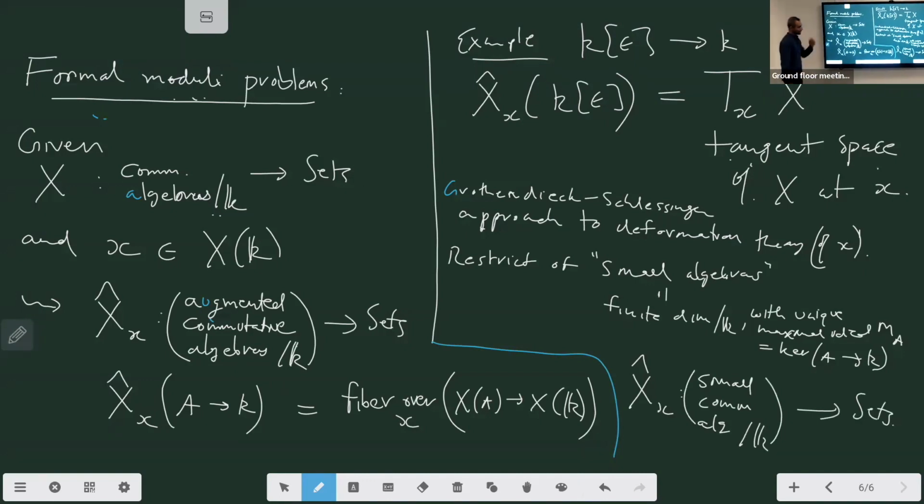And you can ask, if my X was nice and geometric, if it was a scheme, for example, what properties would this X hat X have? And you could list some axioms, called Schlesinger's axioms, which describe functors that arise in this way.